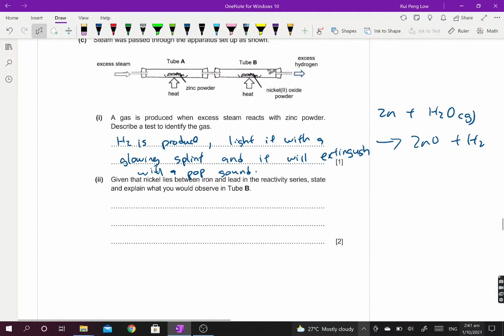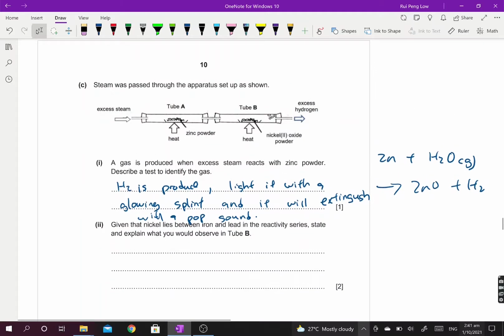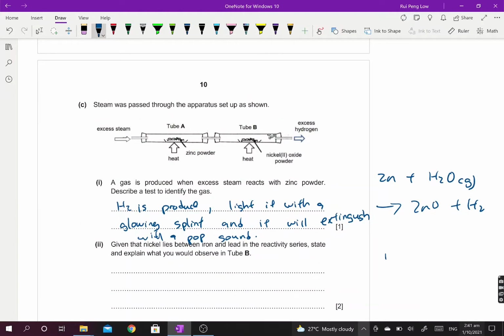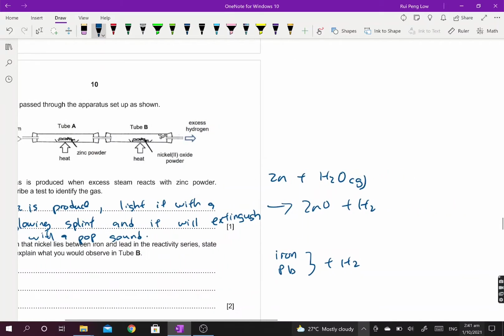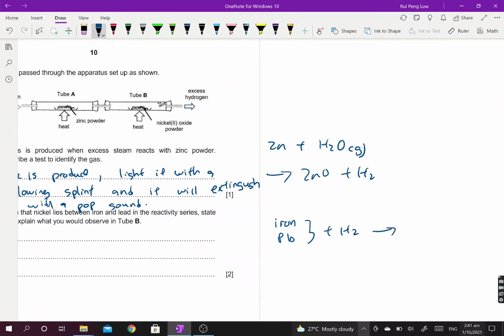Okay, so now what you need to know is that iron and lead, when you add hydrogen, you can reduce them. So let's say we have iron oxide plus lead oxide.